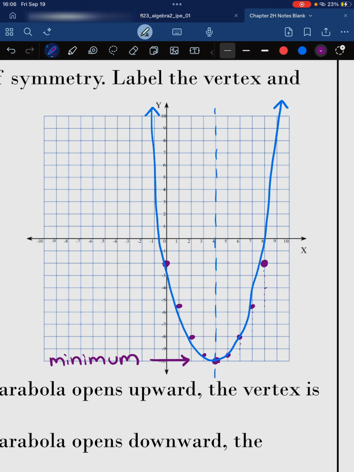It goes up forever, so there is no maximum value on this parabola. And while I'm thinking about it, we were supposed to label the vertex and axis of symmetry. So my vertex was at 4, -10. My axis of symmetry was at x equals 4. Beautiful.